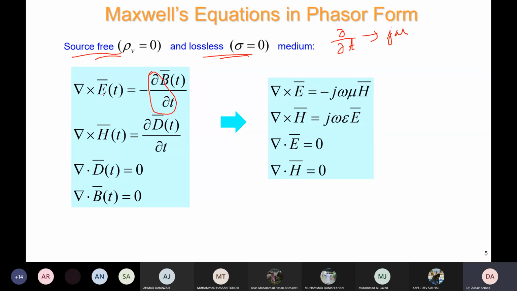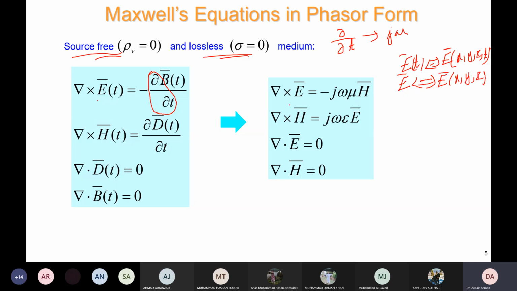Please note the notation I am using. When I write E of t, this is the time domain signal, the instantaneous signal, which is a shortened notation for a function of x, y, z, and time. And when I am not using this time domain symbol, this is shorthand notation for the phasor domain signal, which will be only a function of x, y, and z.